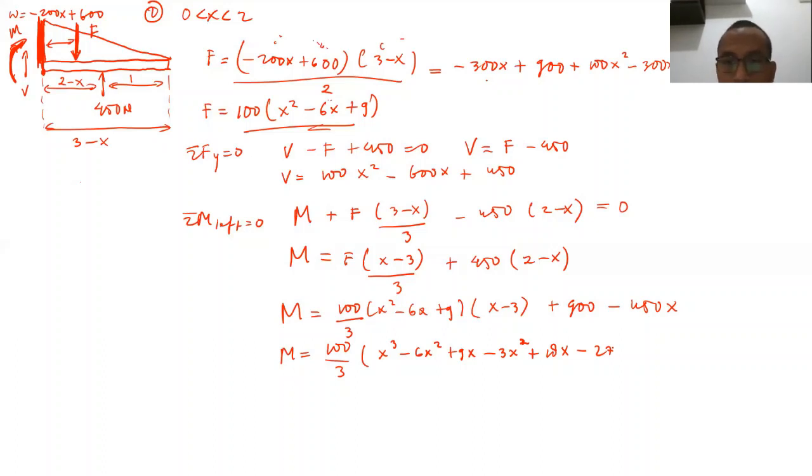Okay. Plus 900 minus 450x. Let's rearrange the terms.